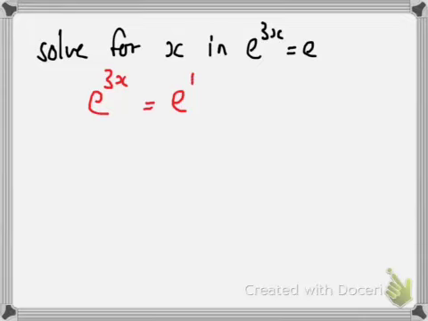Now in these equations, once we've got e on both sides, we can drop the e's out, and that means we just get 3x equals 1. So we're making those two equivalent to each other. Therefore, x equals 1 on 3.